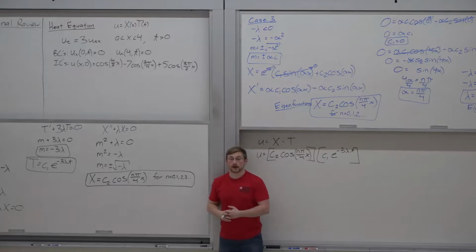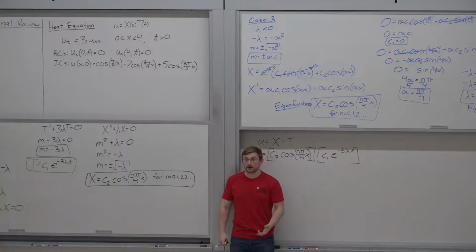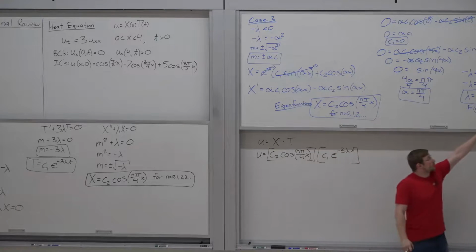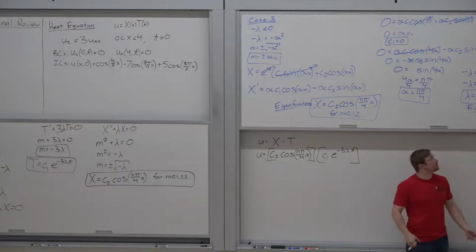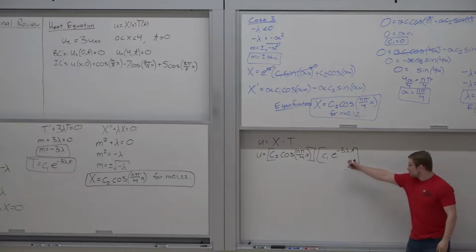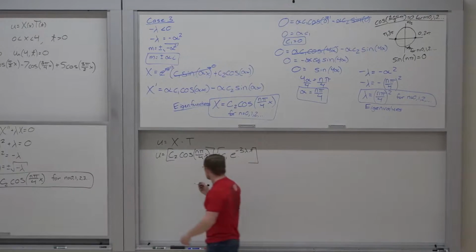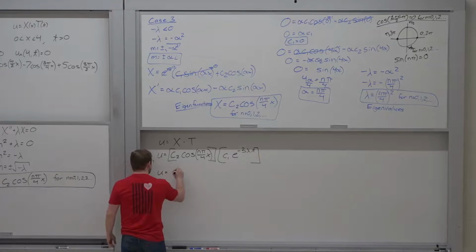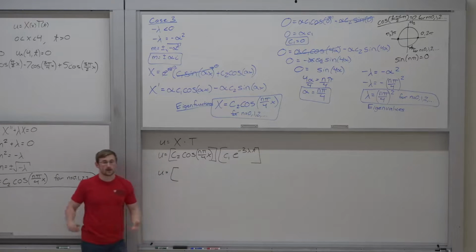And again, one thing that I can plug in, because I now have values for lambda, I found them right here in my case 3. So I can take this lambda of n pi over 4 squared and plug it into the lambda that I had in my t. So u is equal to, and notice that I have two constants, c1 and c2, that are being multiplied by each other.